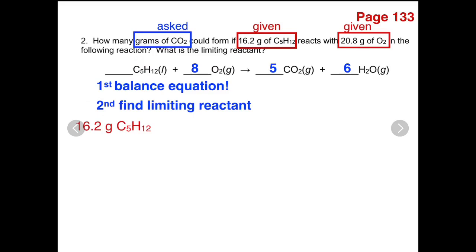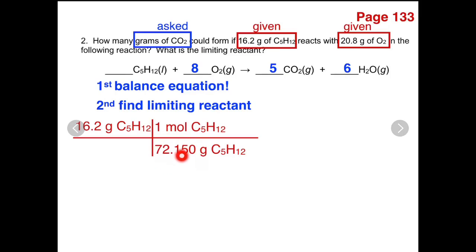It's given in grams, so you do the same calculation that we did in the previous lecture video. We convert these grams into moles by using molar mass. This number comes from the periodic table, where you add all these carbon and hydrogen together. The mass of this would be this much in 1 mole of pentane.